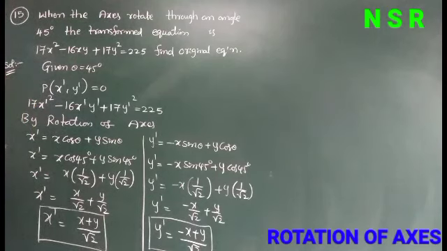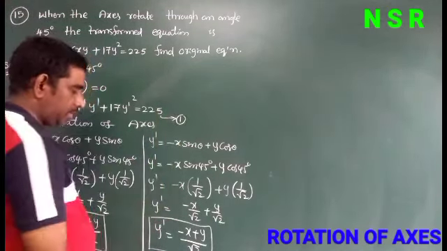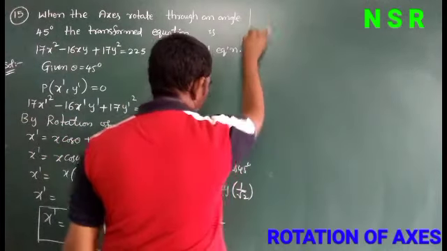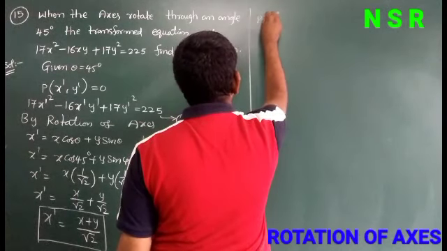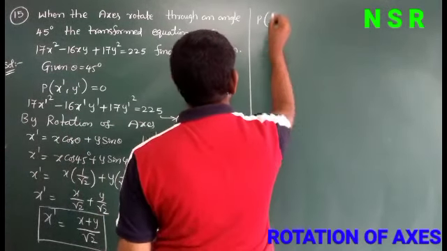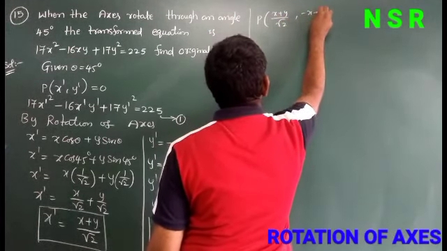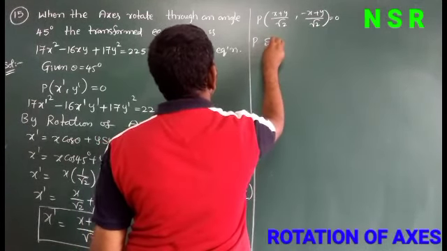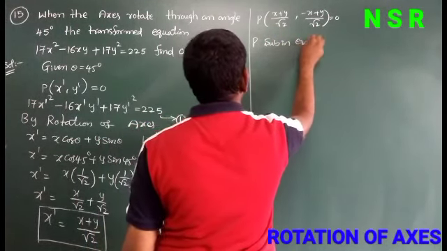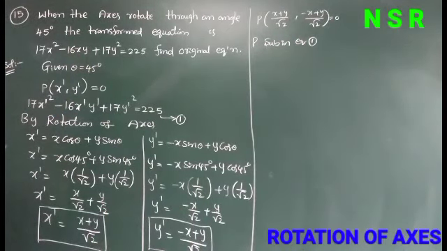Now substitute this x dash and y dash in equation 1. Take this as equation number 1. Now x dash is equal to x plus y by root 2, and y dash is minus x plus y by root 2. In place of x dash write x plus y by root 2, and in place of y dash substitute minus x plus y by root 2.